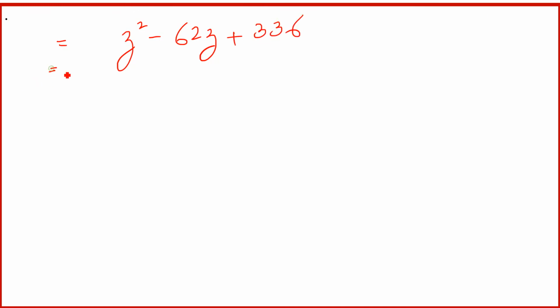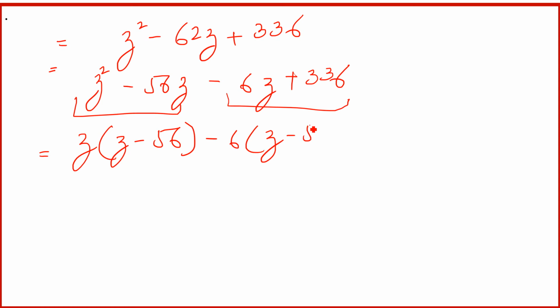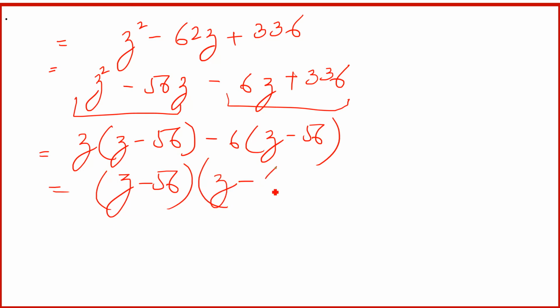We will make the factorization here. It is z² − 56z − 6z + 336. Here we will take z common: z(z − 56) − 6(z − 56). Both parentheses are exactly the same. We will take one as a common, multiplied by what is remaining: (z − 56)(z − 6).